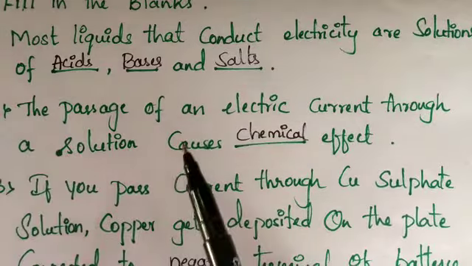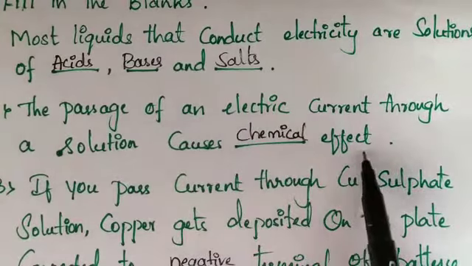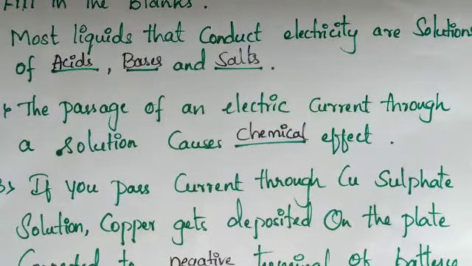The second question is: the passage of electric current through a solution causes dash effect. That means when electricity is passed through a liquid, what happens in it? You have known that some chemical reaction takes place. So what is that effect called? Chemical effect.